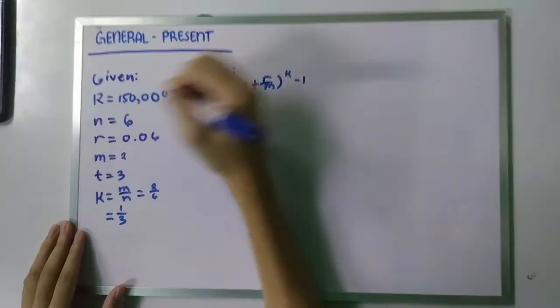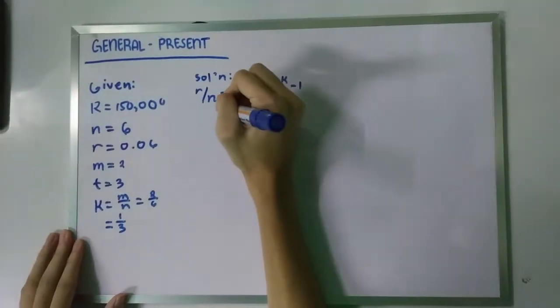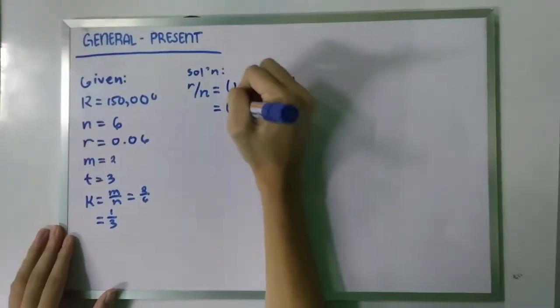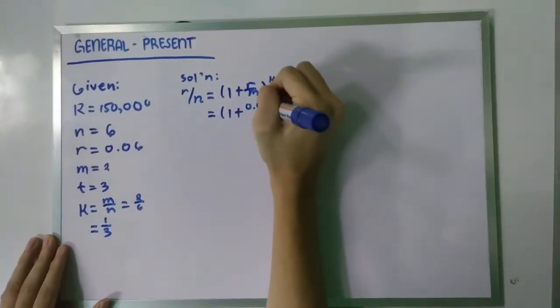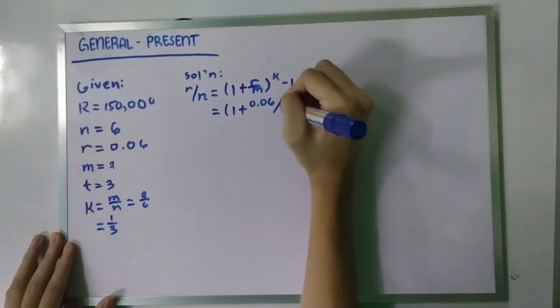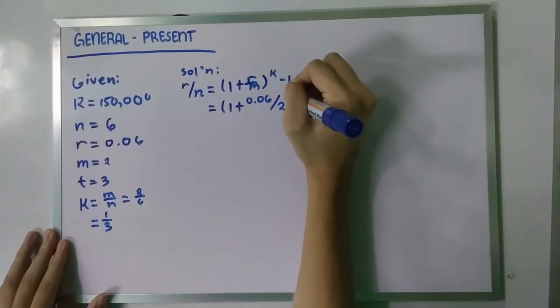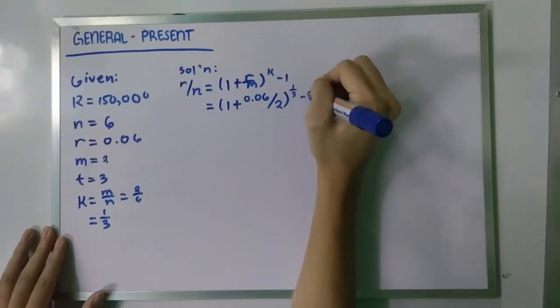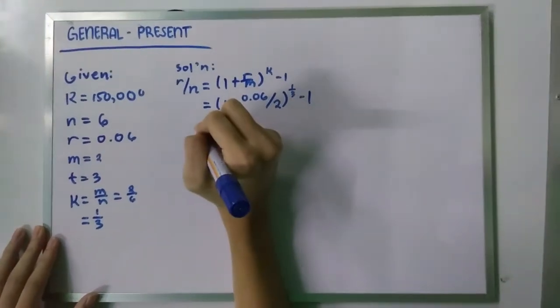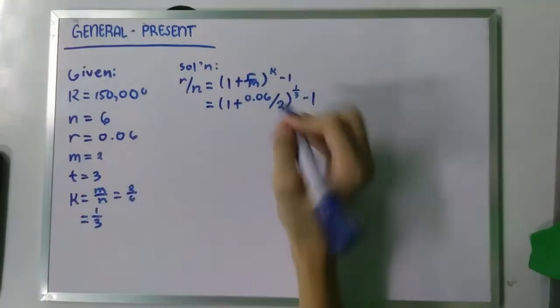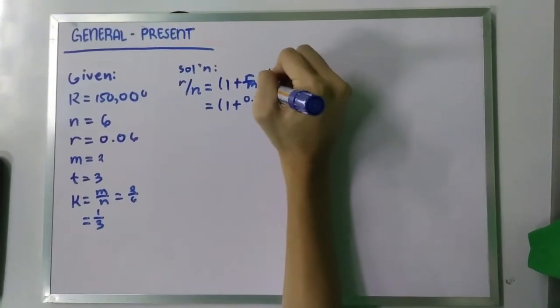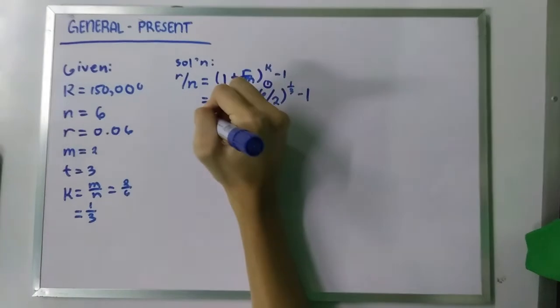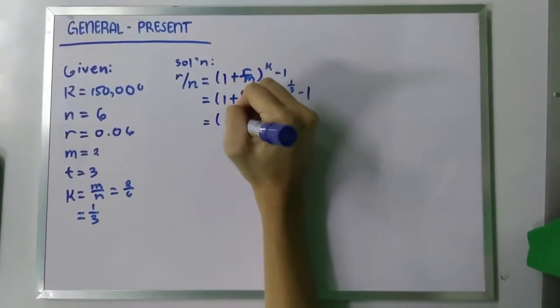So let's substitute the values from the given to this equation. So 1 plus 0.06 over 2 to the power of k, which is 1/3, minus 1. First, we need to divide 0.06 over 2, which is 0.03.